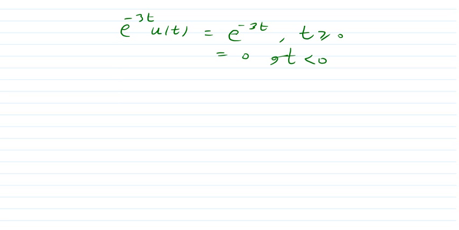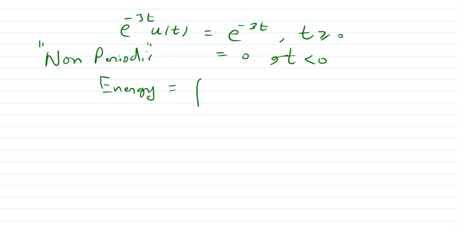So how to calculate the energy? This is a non-periodic signal. So we are not going to calculate the power, because non-periodic signals are energy signals. So what is energy?